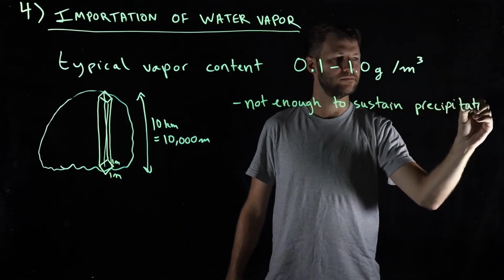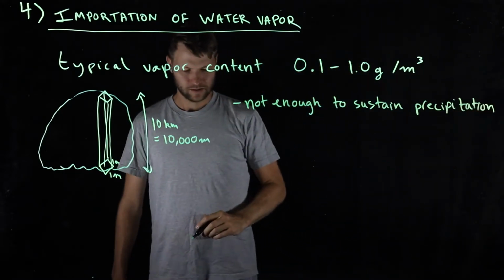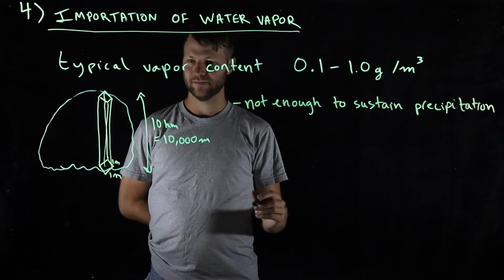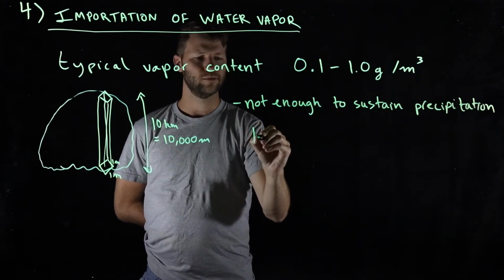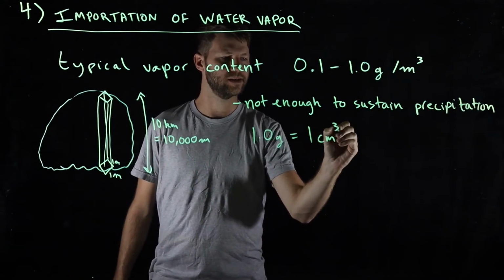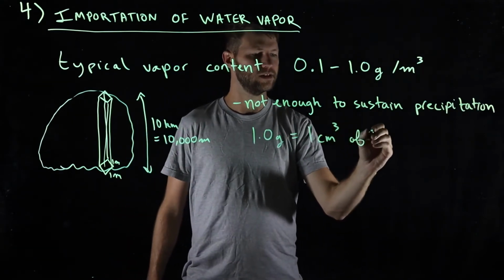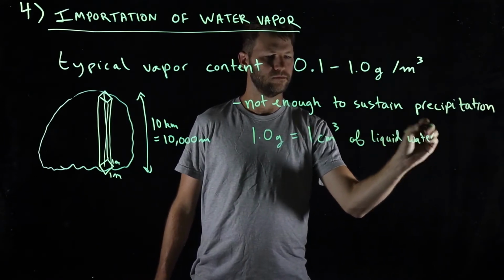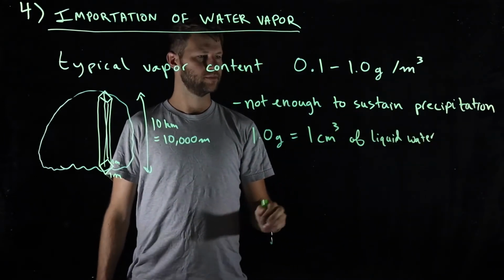Precipitation. So we know, for example, that 1 gram of water is equal to 1 cubic centimeter of liquid equivalent. 1 tiny little cubic centimeter.